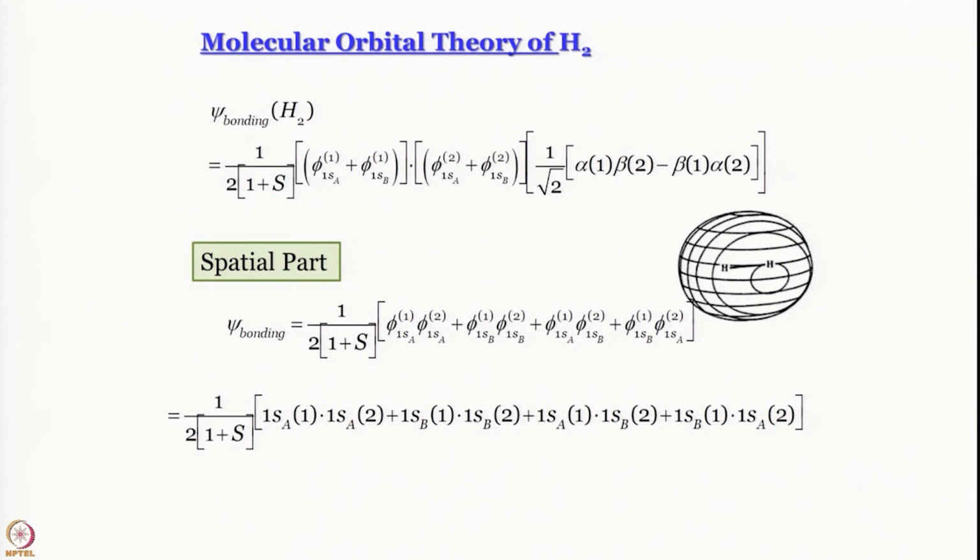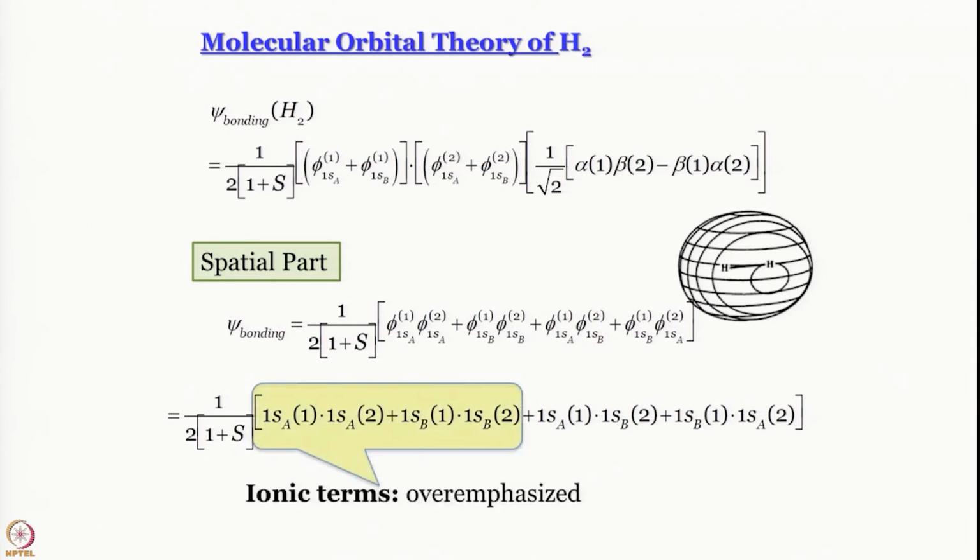H plus H minus. The atom which has both the electrons would be H minus at that instance, and the atom which has no electron would be H plus, and there will be resonance between all these forms. So, these are the ionic terms.